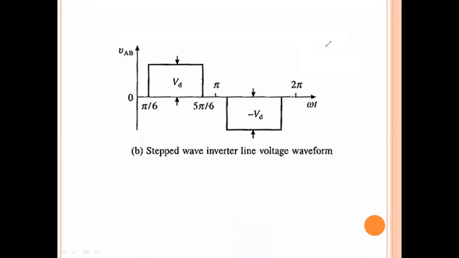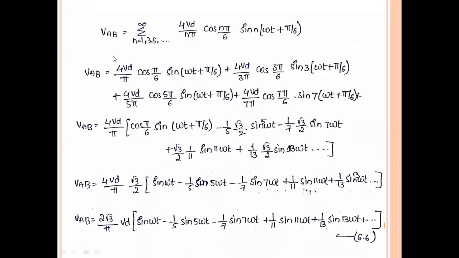So from this waveform, using Fourier analysis, we can write the line to line VAB Fourier equation. So in the previous class, we have seen this equation.